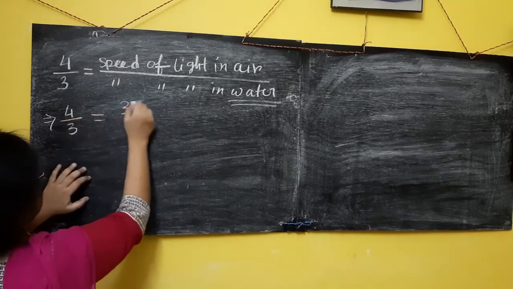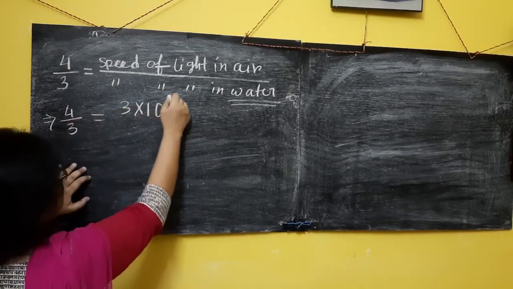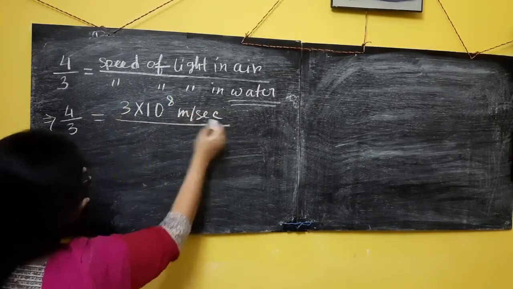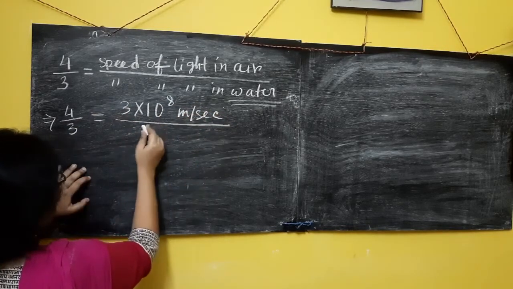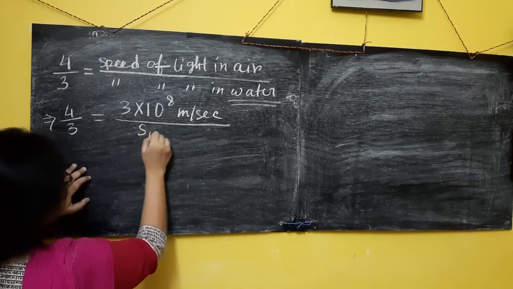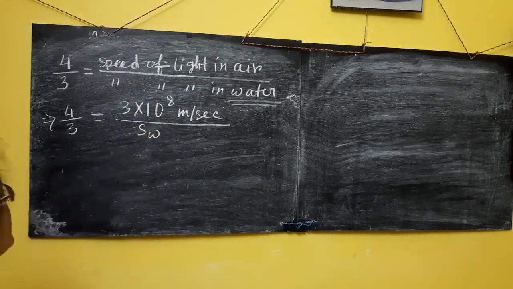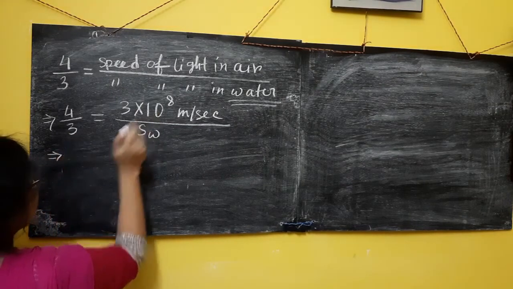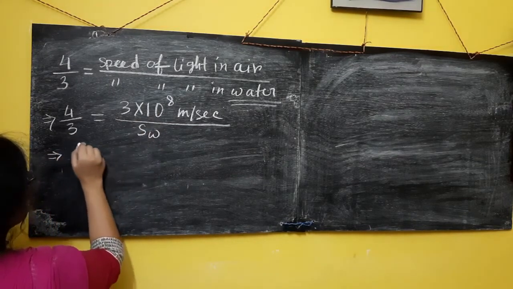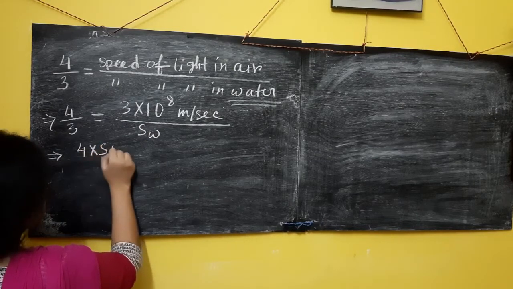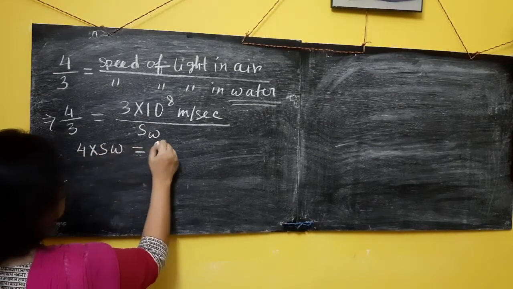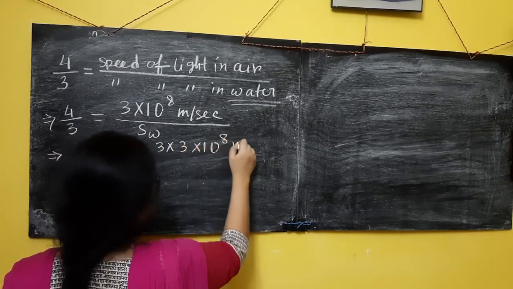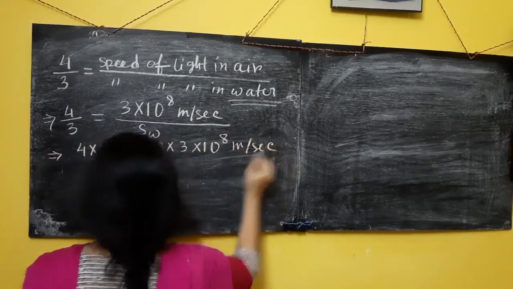equal to 3 into 10 to the power 8 meter per second, that's given already, divided by the speed of light in water. I am writing SW, the speed of light in water. So what will be SW? This 3 will be multiplied here. So 4 into SW equal to 3 into 3 into 10 to the power 8 meter per second.